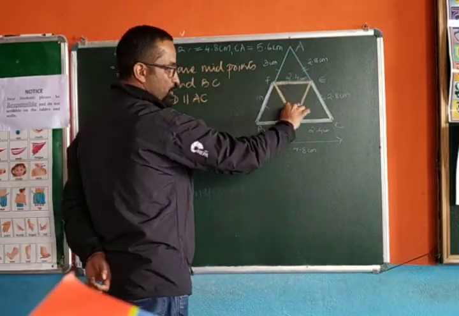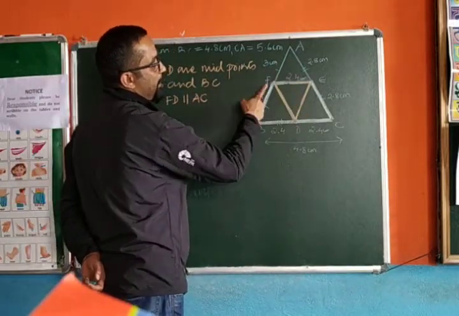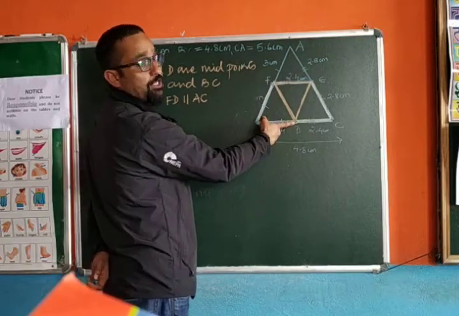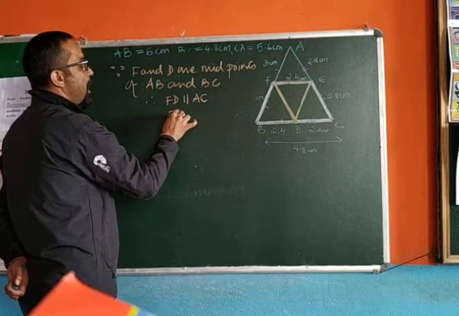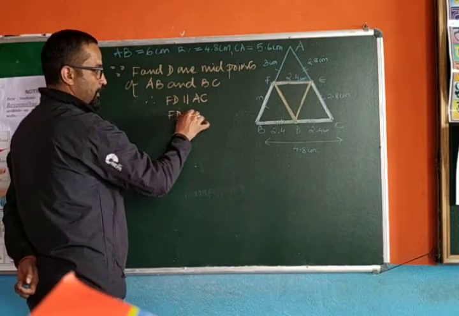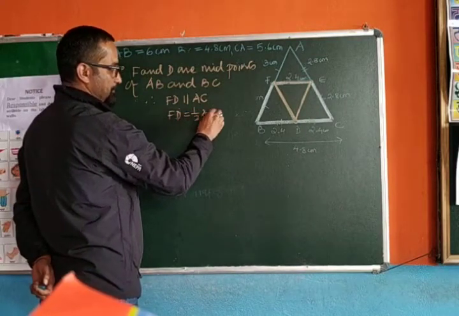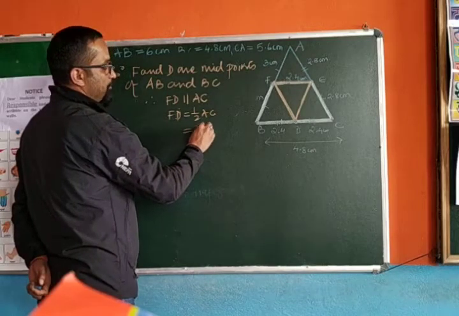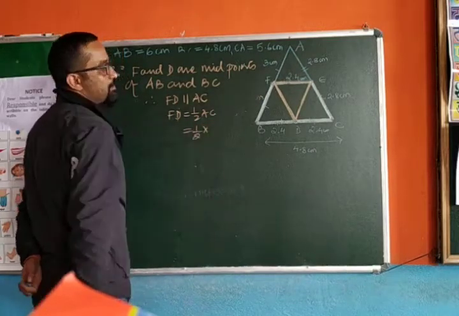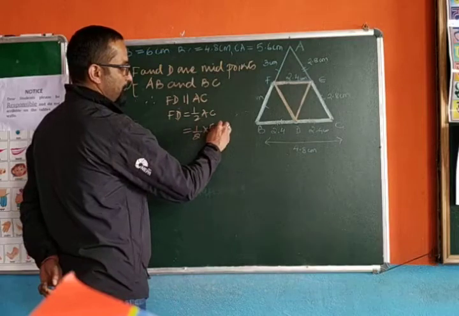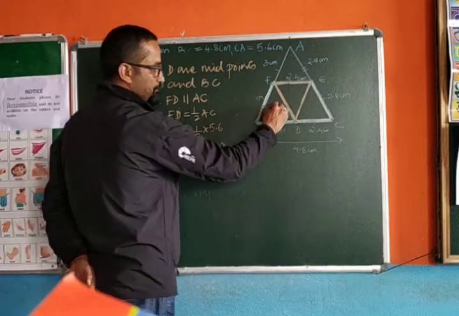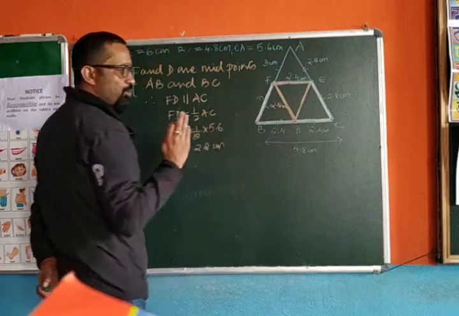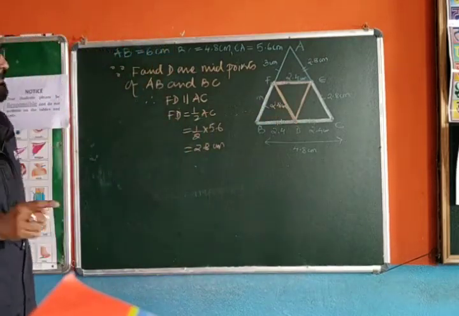The line joining the midpoints of any two sides of a triangle is parallel to the third side, and it is half of it, half of AC. So you write half of AC, which is known, that is 5.6. We calculate, we get 2.8 centimeter. We know the second side.